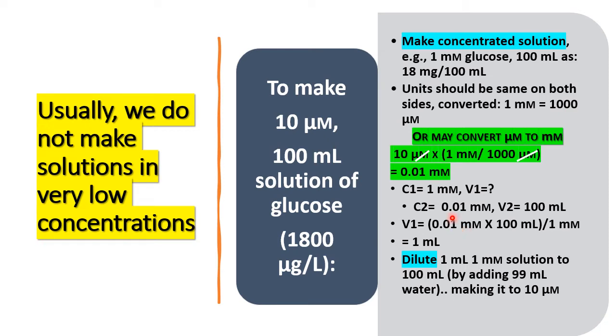Like in C1V1 equals C2V2, in the last example we saw that we converted this C1, which is equal to 1 millimolar, to 1000 micromolar. But here we are not changing this. Rather, we are changing the C2. The C2 is 10 micromolar. So how do we convert this 10 micromolar to millimolar to make the unit the same on both ends?